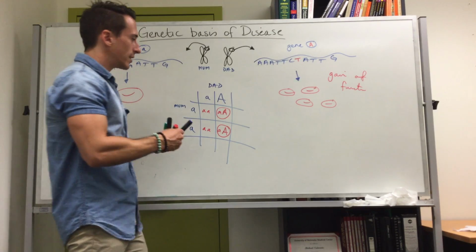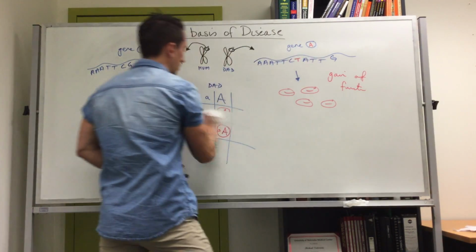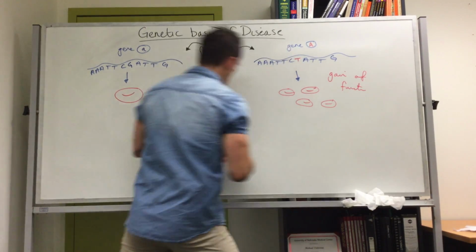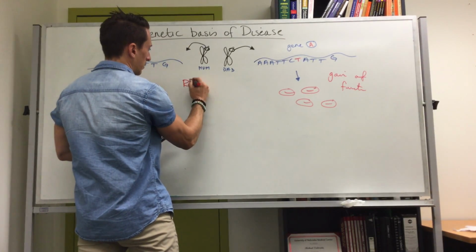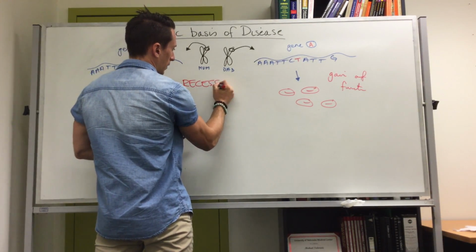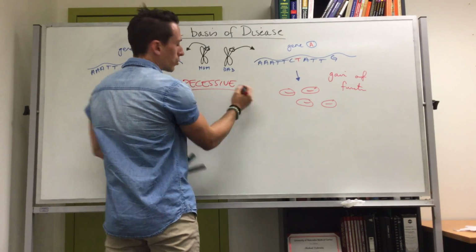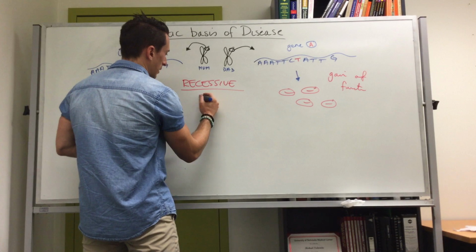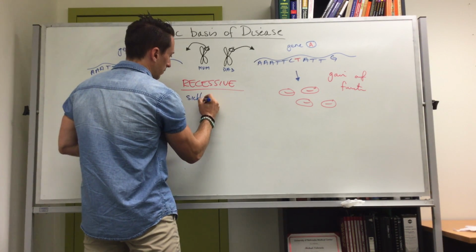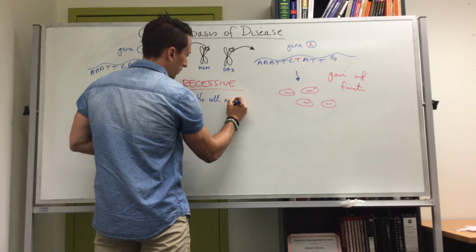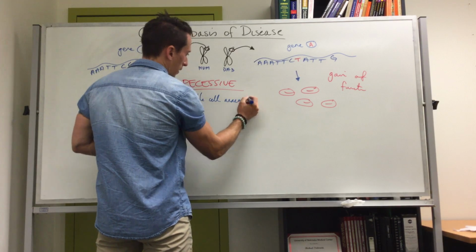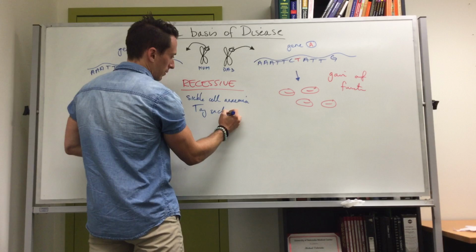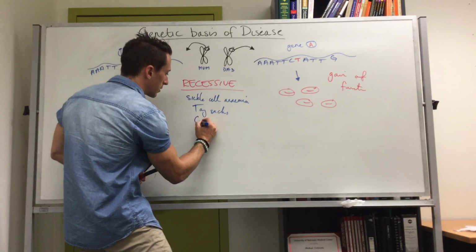So what type of diseases are autosomal recessive and what type of diseases are autosomal dominant? Well, autosomal recessive diseases include diseases such as sickle cell anemia, Tay-Sachs disease, and cystic fibrosis.